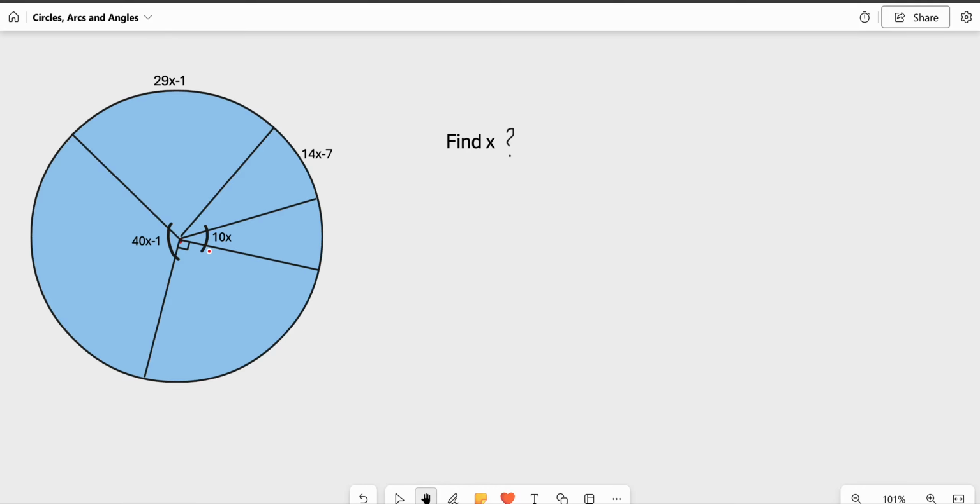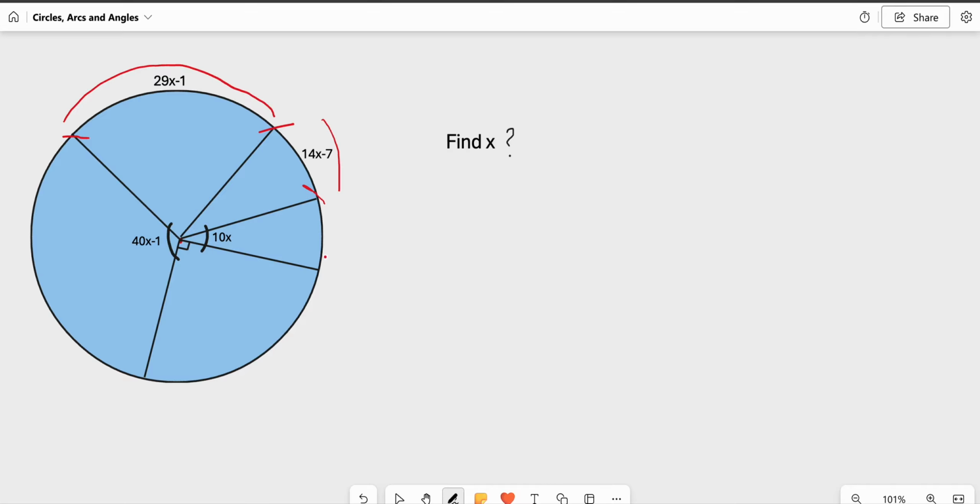So, let's see. This arc, from here to here, is 29x minus 1. And this arc here, from here to here, is 14x minus 7. And this arc that goes all the way till here is 29x minus 1.